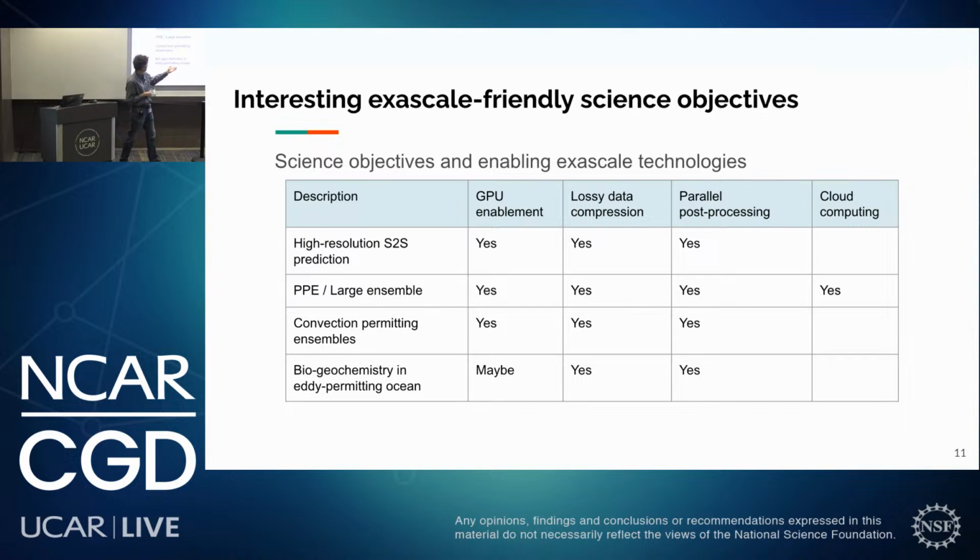On the biogeochemistry, it's somewhere between interesting and unlikely, and I don't know exactly where it fits. So anyway, there's plenty of interesting, exascale technology friendly science objectives. There are certain objectives that are not particularly exascale friendly, like climate change or paleoclimate.